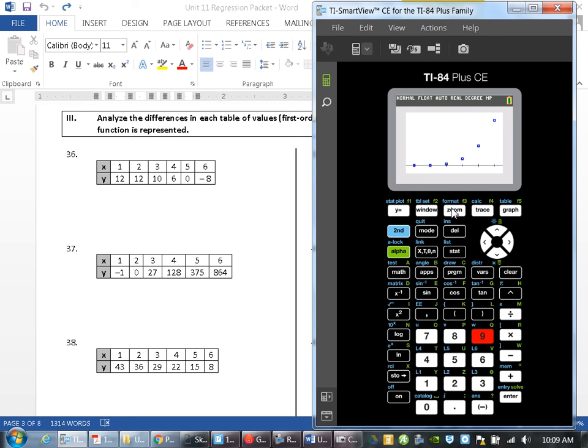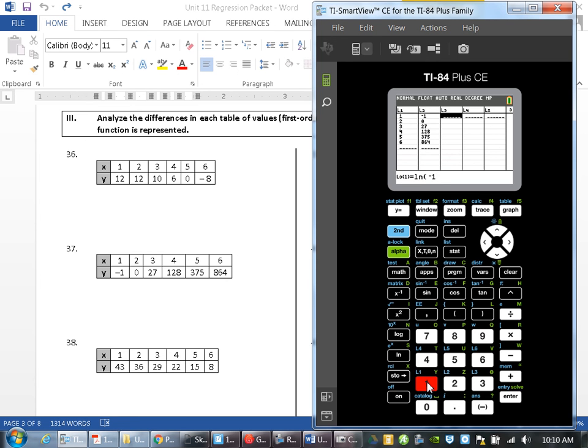This isn't quartic. What is that? I'd say exponential. Well, how can we decide whether or not it is exponential? Natural log it. If I want to do the natural log, I would test it via the natural log.